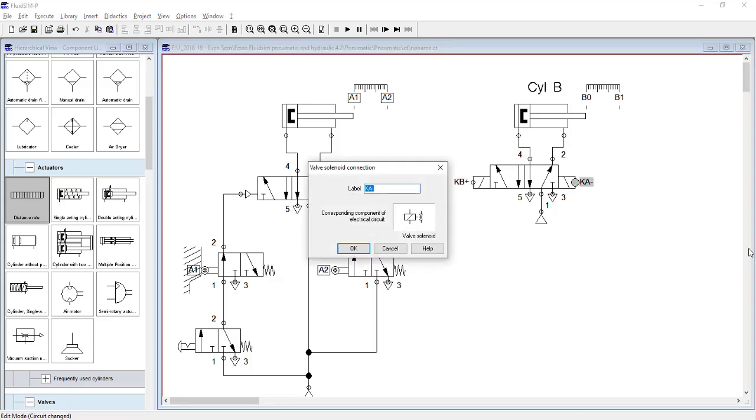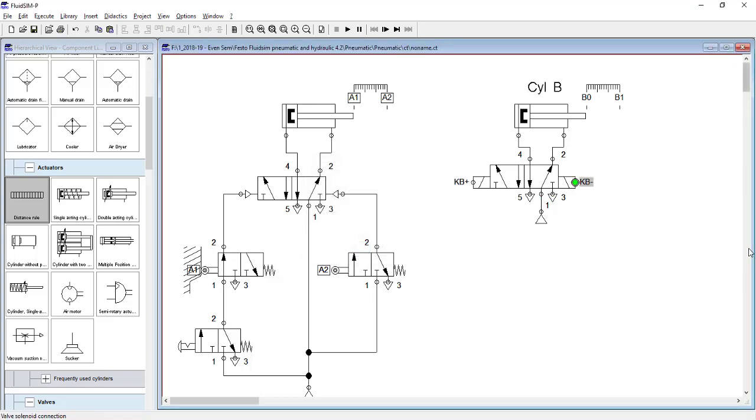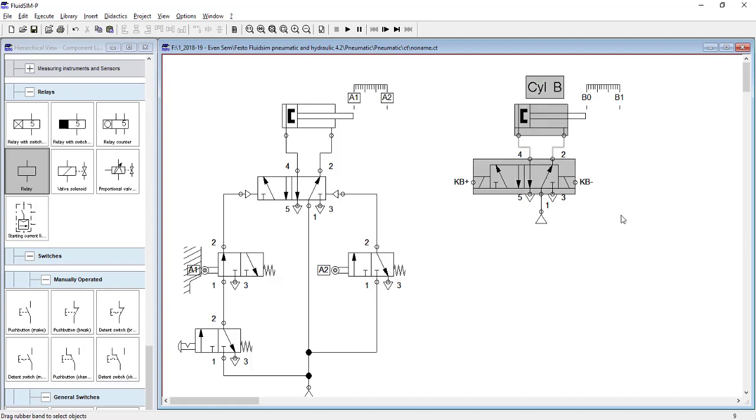That is why I'm naming this cylinder as B. Okay, cylinder B. It makes no difference whatsoever. So see, as I told you in the beginning, in an electro-pneumatic circuit there are two parts: the pneumatic circuit and the electrical circuit. So this completes the pneumatic part of your electro-pneumatic circuit.